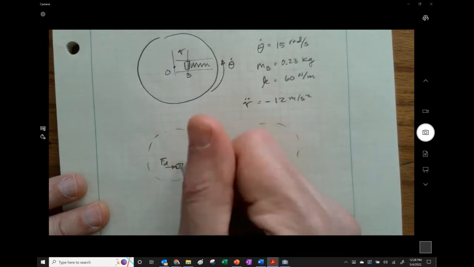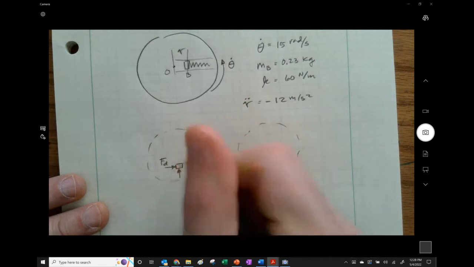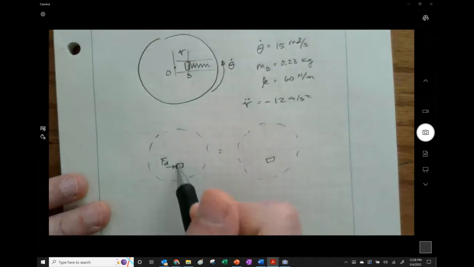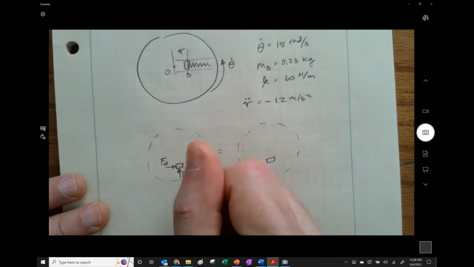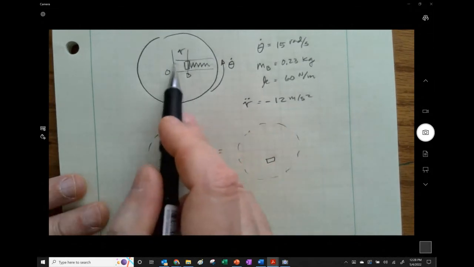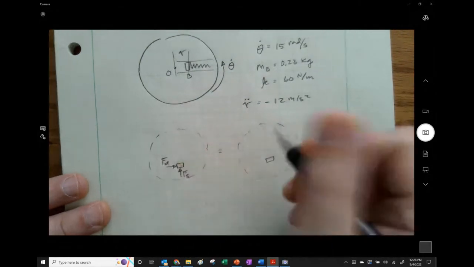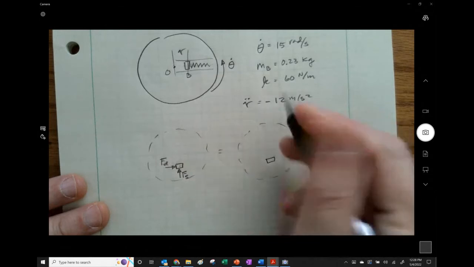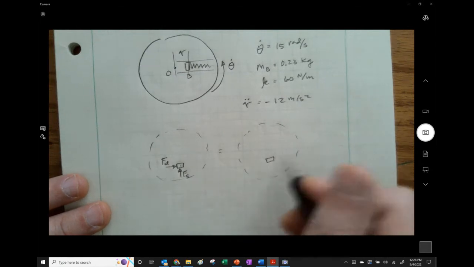We also have the force of the spring, and because the spring is on the outside right here, it's generally going to be compressed. I don't know for sure that it's going to be in this direction. It could be pulling on the thing, but because it's undeformed when it's at the center, it's probably being pushed out this way. So I'm going to call that F_S right in here. And over here, we'll just assume a positive direction.